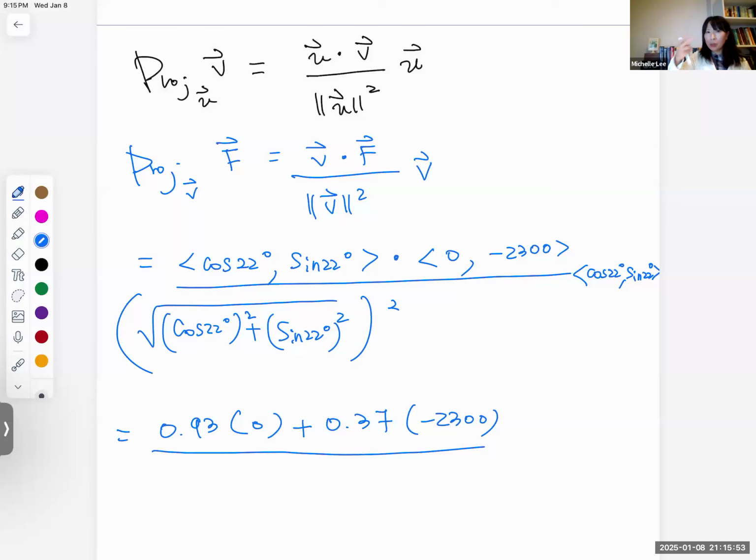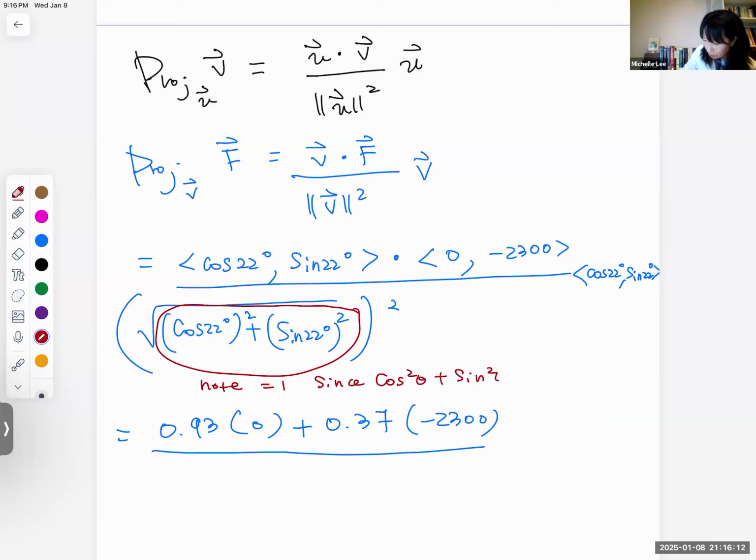So cosine theta squared plus sine theta squared, which is 1, right? So note: cosine squared theta plus sine squared theta equals 1. That kind of concept we are using, right?